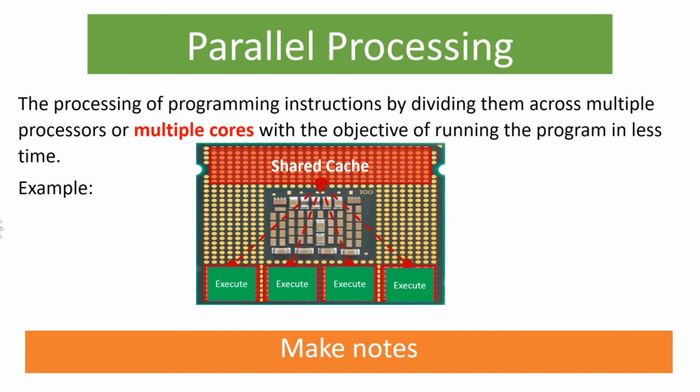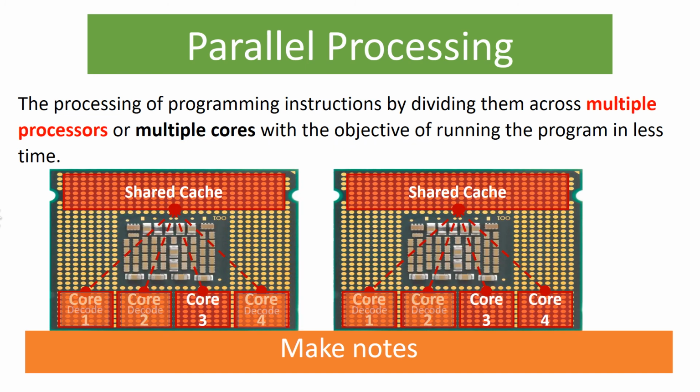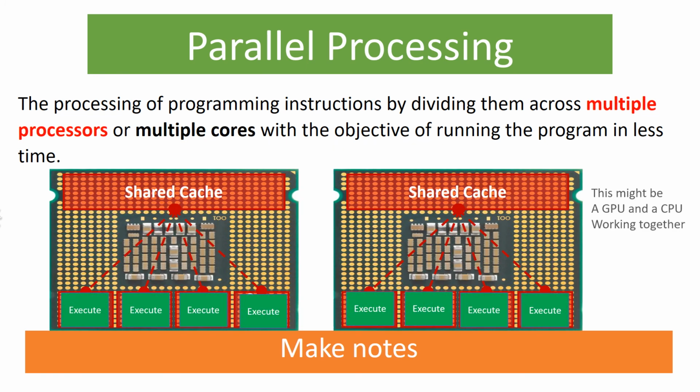Here you can see an abstraction of what it looks like. Sometimes we can have multiple processors running at the same time, potentially with multiple cores. Again, aiming at running the program in less time. We see this quite often when we have a CPU running concurrently with a GPU.